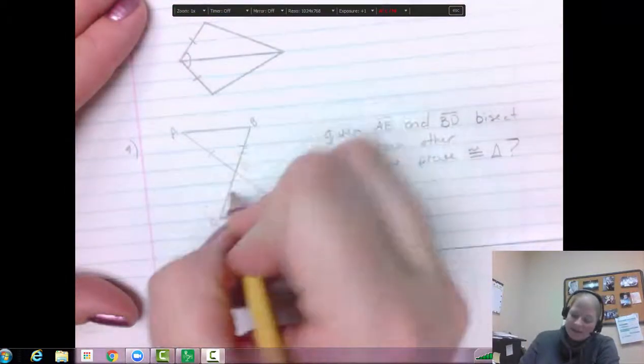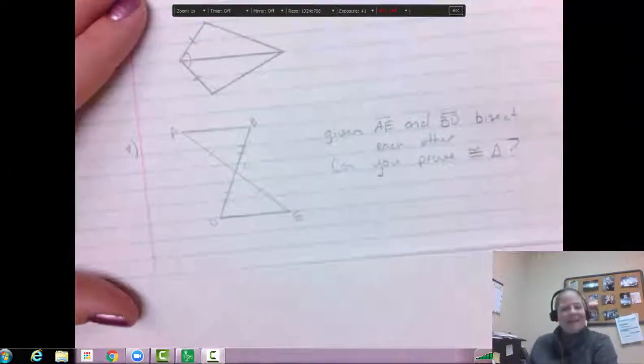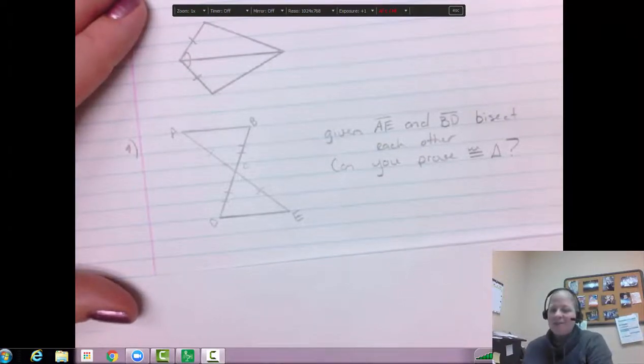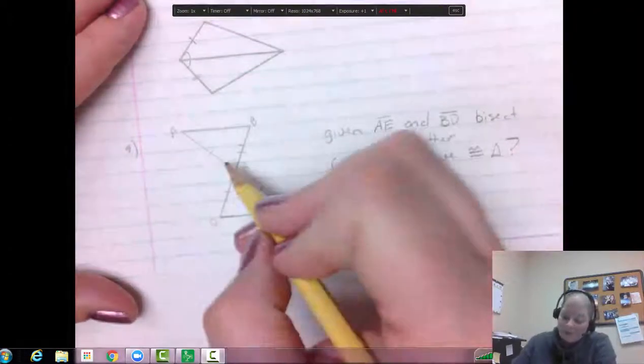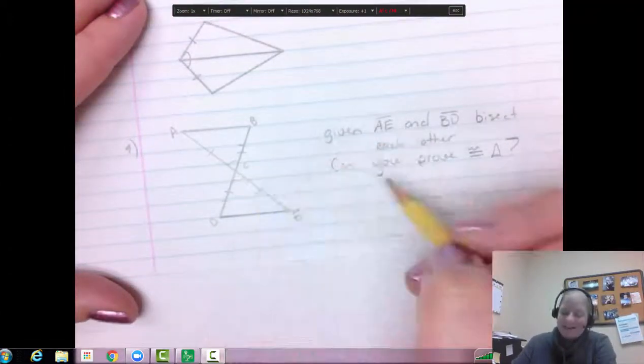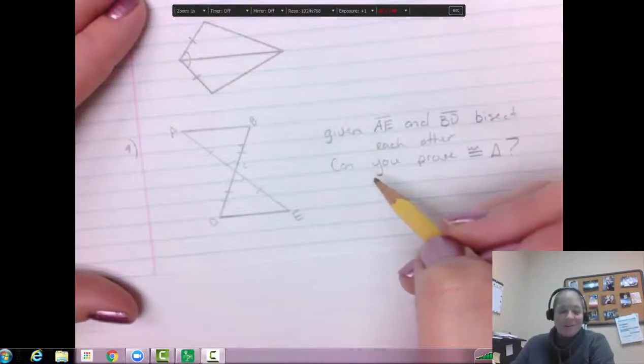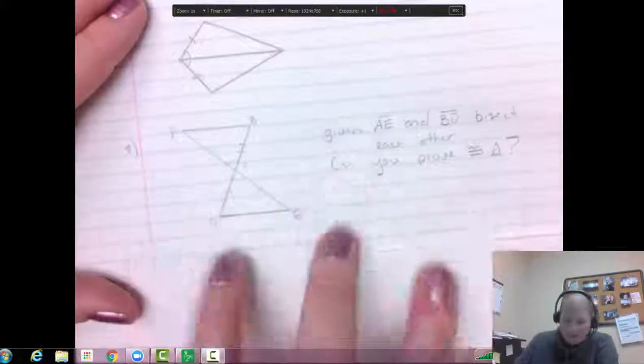Same with this one here, it's cutting BD in half as well. So now we have two sides. Do we have another side or do we have another angle? Well, we can prove this angle is congruent to this angle by vertical angles. We know vertical angles are congruent. So this one you can prove.